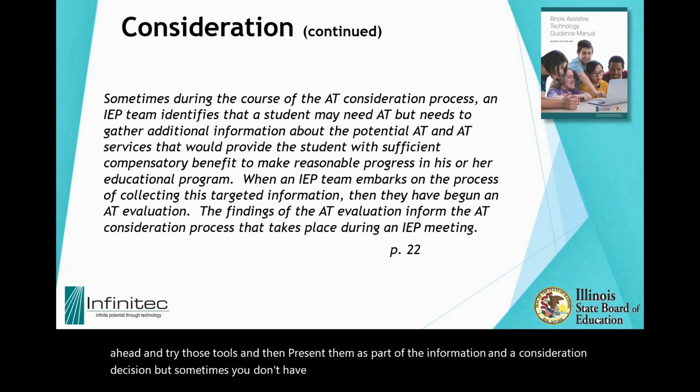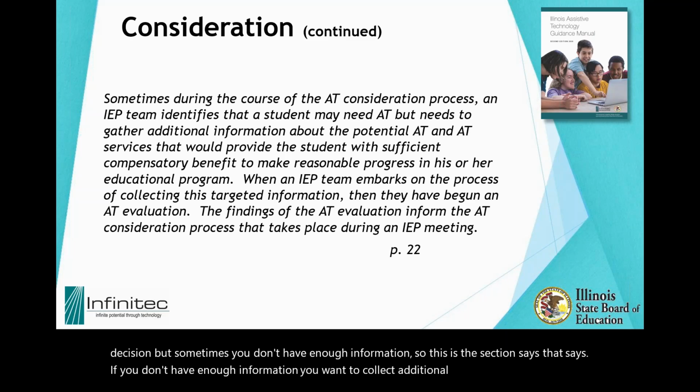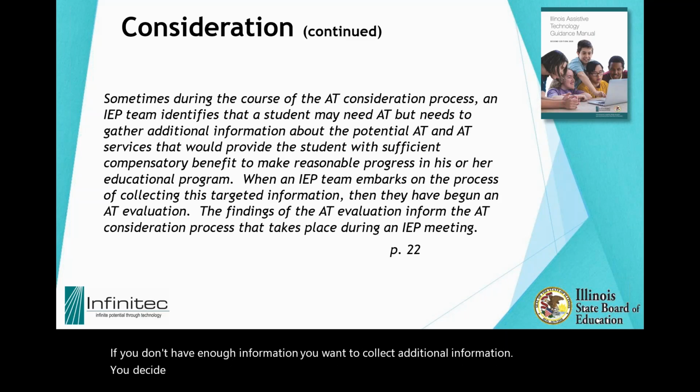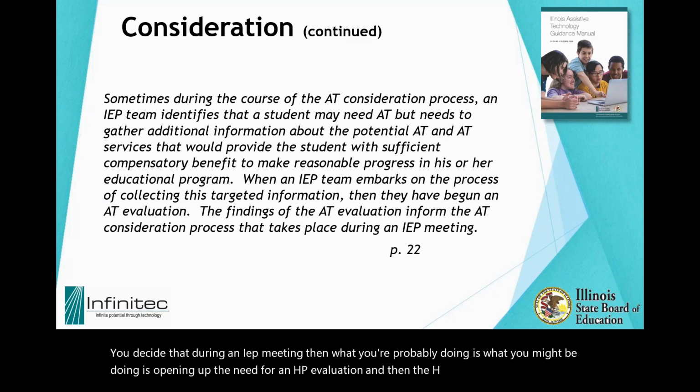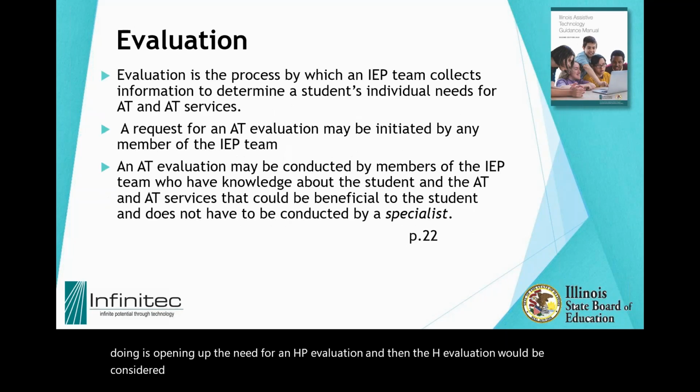So this is the section that says, if you don't have enough information and you want to collect additional information, you decide that during an IEP meeting, what you might be doing is opening up the need for an AT evaluation. And then the AT evaluation would be considered at a later date.